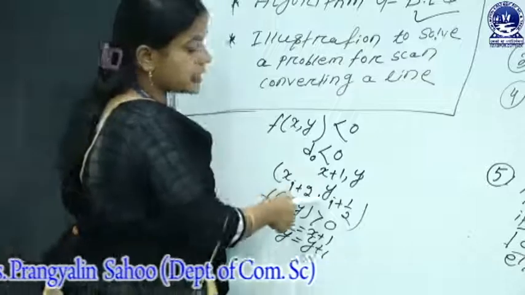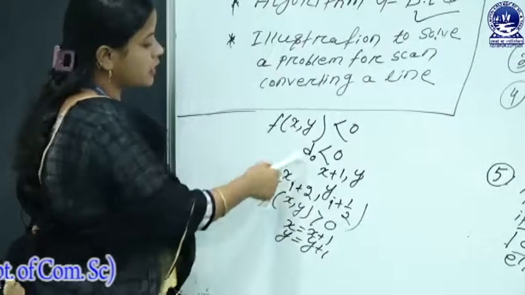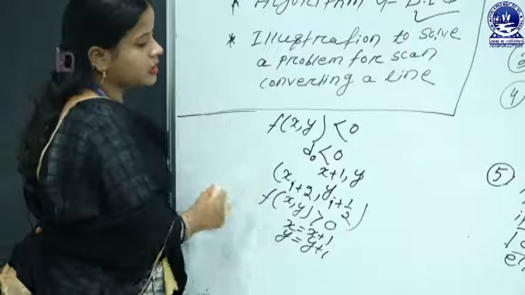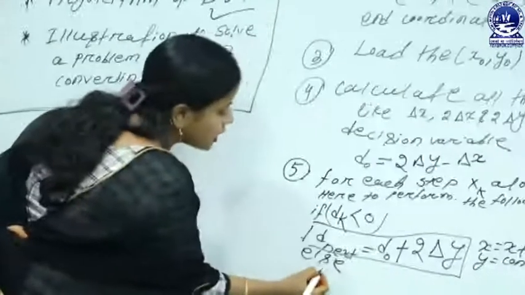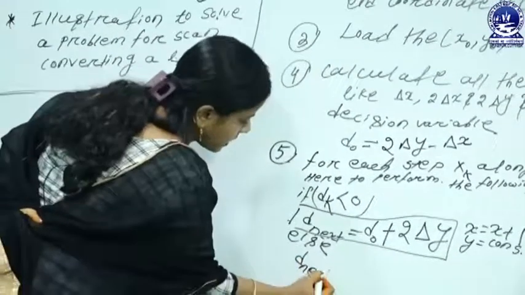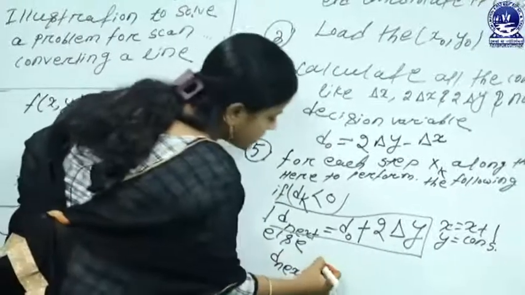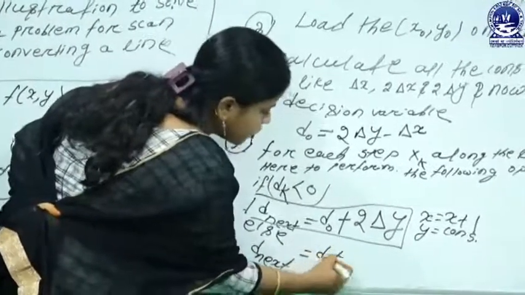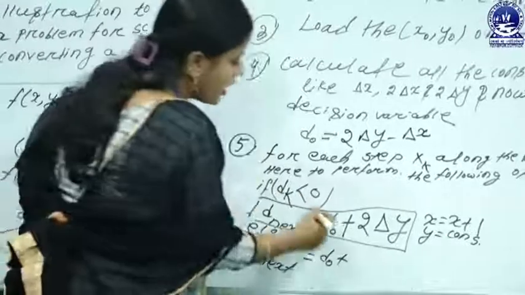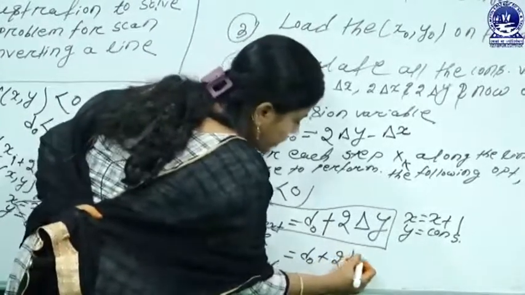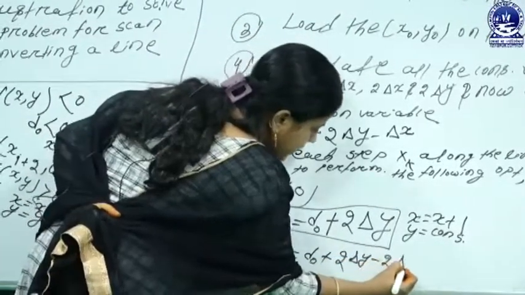When we execute this condition, the next decision variable is found using the given formula: the previous decision variable plus 2 delta y minus 2 delta x.